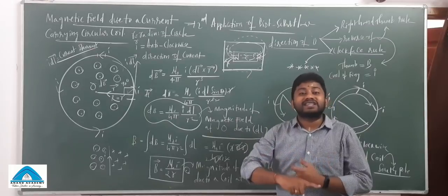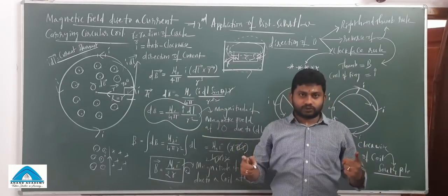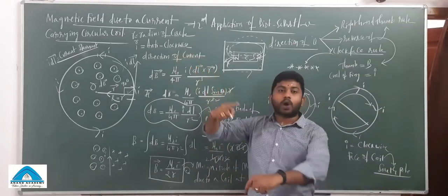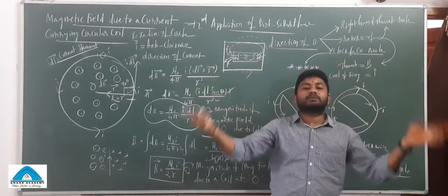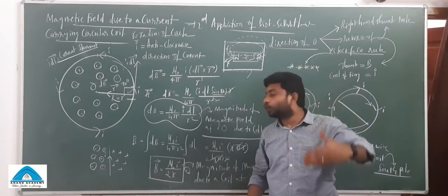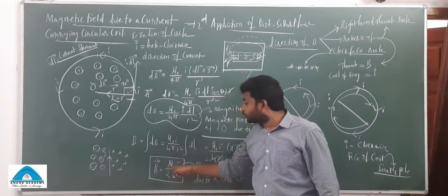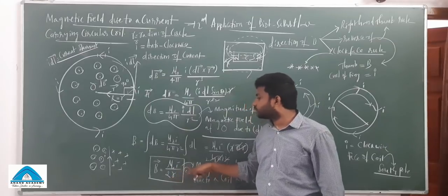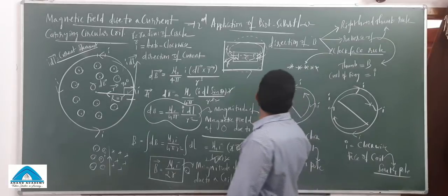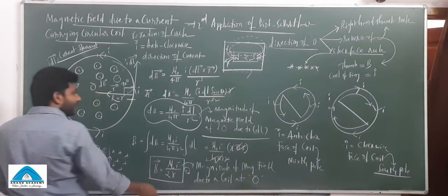When there are n number of loops, this is the coil. A coil can be made up of n number of loops or a single loop. When there are n number of loops, this is mu naught I by 2 pi r into n. Understand? n is the number of turns of the coil.